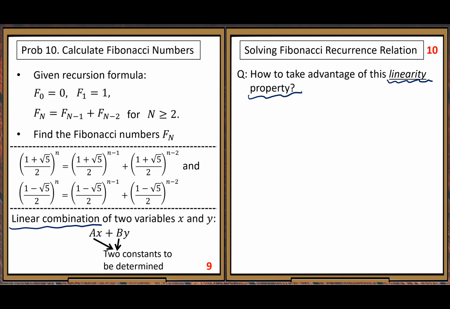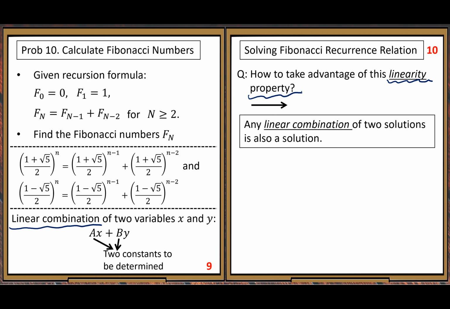Let me show you how to take advantage of this property. Any linear combination of two solutions is also a solution. This is the new property derived from that linearity property.